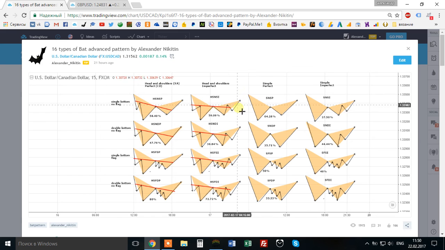So I'm talking about some universal patterns that work the best on all pairs and on all time frames. So this SNSP type is working the best. If you try to look for some patterns, you'd better look for perfect ones. SNSP, straight XA, no flags, single bottom, and perfect CD.